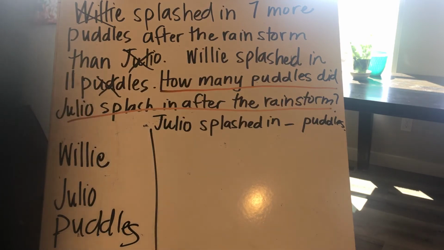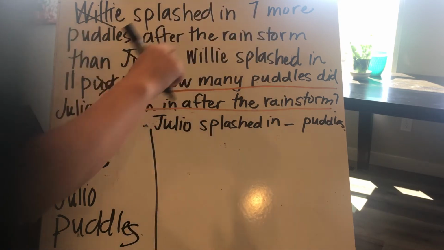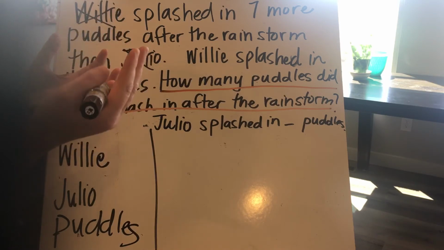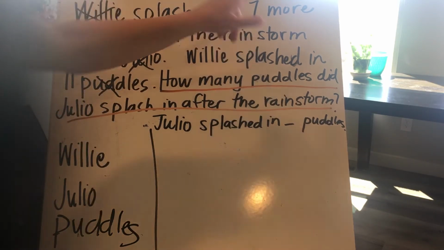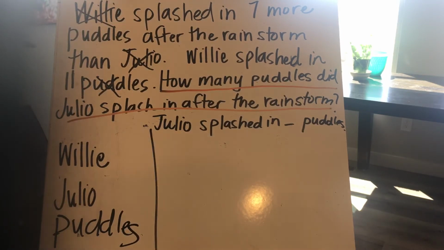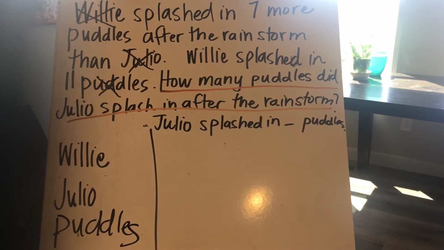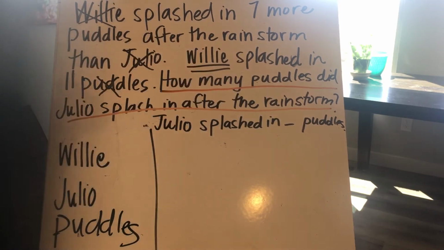Now from here, we're going to go into what we know. We know Willie splashed in 7 more puddles after the rainstorm than Julio. That's comparing the two. But this is just the clue. It's not going to tell us exactly what to do. We have to go to the next sentence. Willie splashed in 11 puddles. Oh, that tells me exactly how many puddles Willie splashed in.